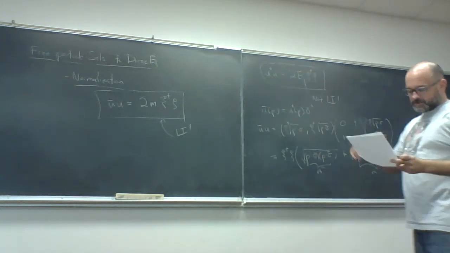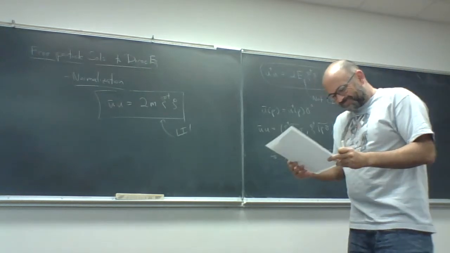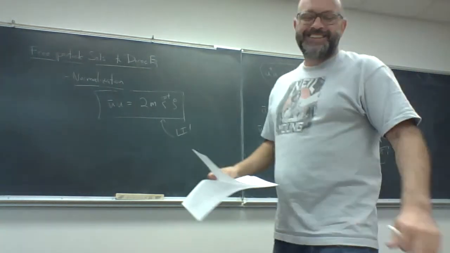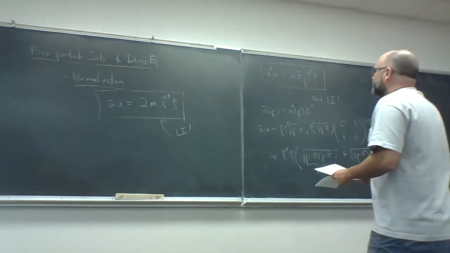In the massless case, this is going to give you 0, and that's not a good normalization condition. That means your particle has no probability of being anywhere.